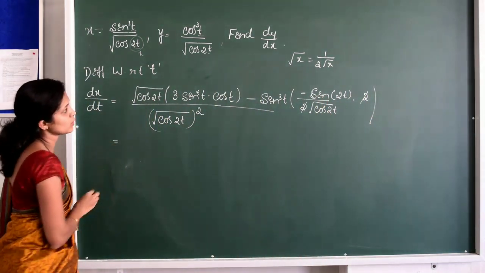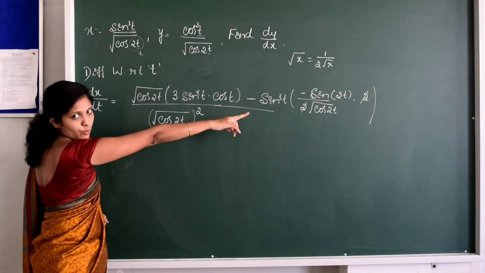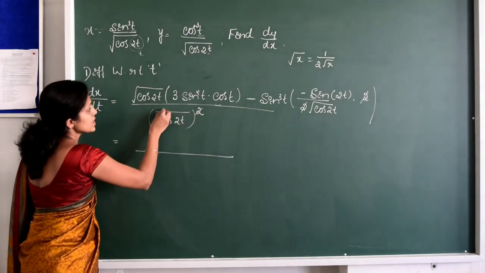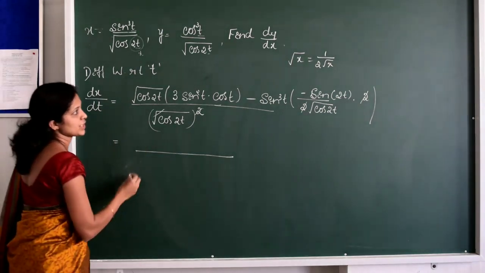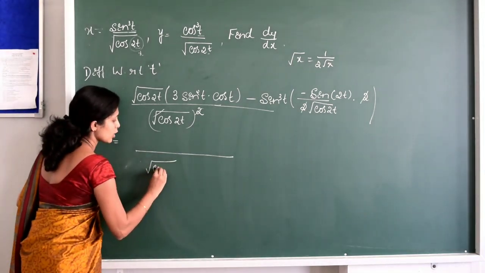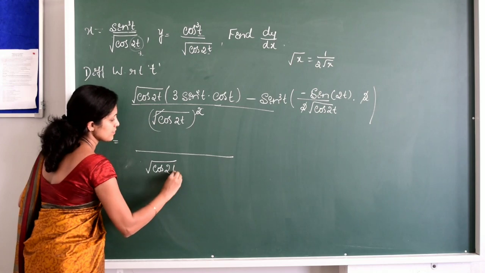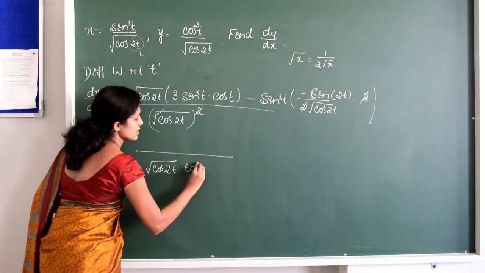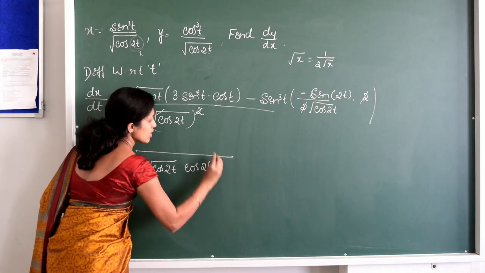So this is equal to, I will take the LCM root of cos 2t, so I can write this one as here 2 and square root will get cancelled, so that is now root of cos 2t. Is it clear? We are taking the LCM here, then here one cos 2t is there, so we will write it as it is, cos 2t.